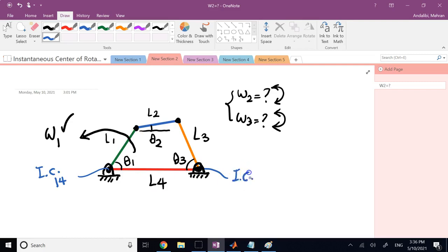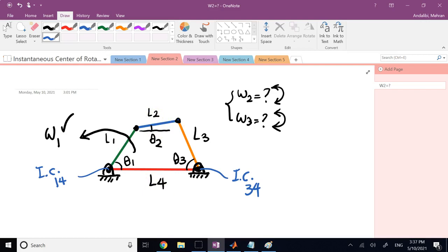This is the instantaneous center of member 3 with respect to 4, because 3 is rotating about 4 here. Okay? So that is quite obvious. But if I ask you, where is, for example, the instantaneous center of 2 with respect to 4, 2 does not rotate about 4. It's not pure rotation. 2 does rotate and translate at the same time. So the center of 2 with respect to 4 is not somewhere obvious, and we have to find it.